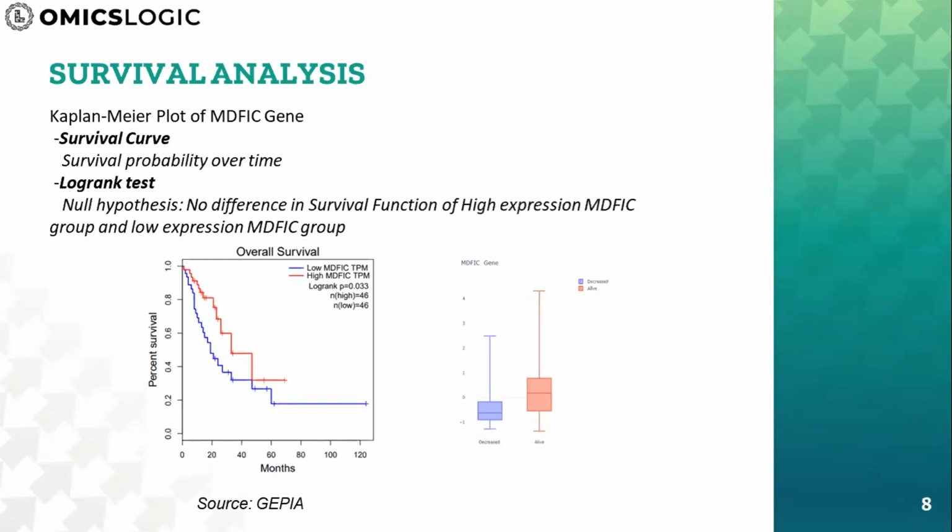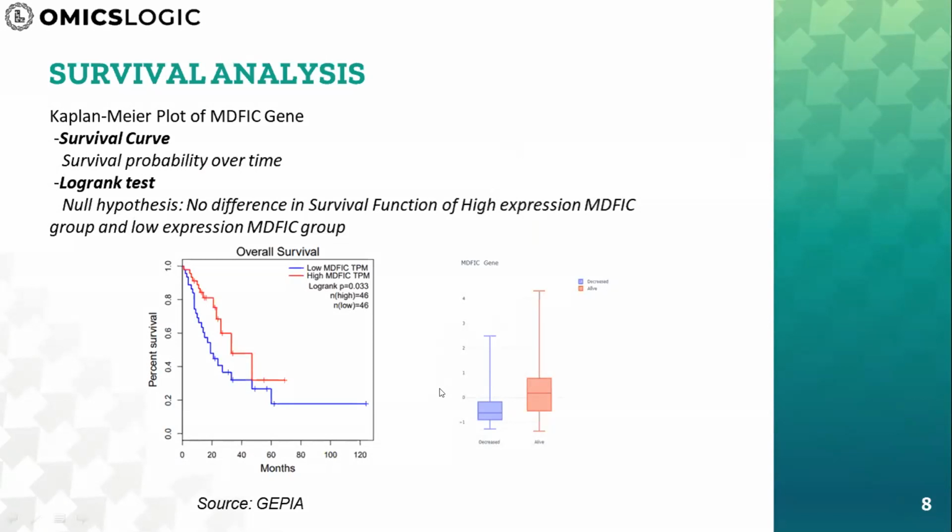To dive deeper into prognosis, I've plotted the Kaplan-Meier plot. In this slide, there are two figures. First, I'd like to describe the box plot on the right. The box plot is about the expression of gene MDF1C. This gene is one of the 70 genes which I found via my differential gene expression analysis.